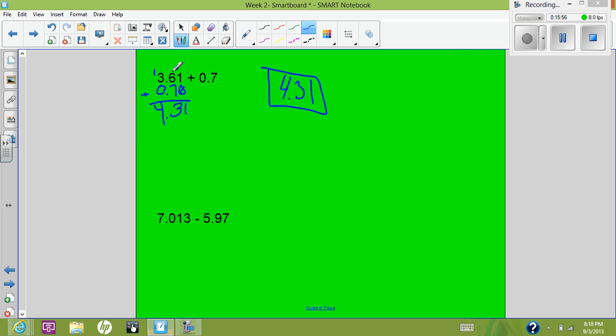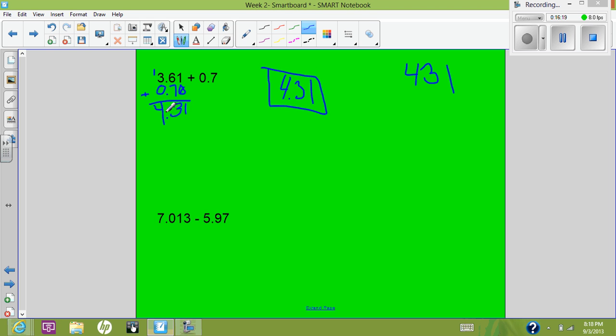I suggest you make sure your answer makes sense. My first number here is halfway between 3 and 4, okay? And my second number here is almost 1. So if I end up with a number like 431, that is clearly wrong. There's no way you can add about 3.5 plus about 1 and get 431.